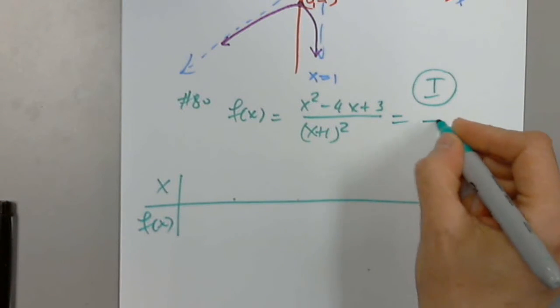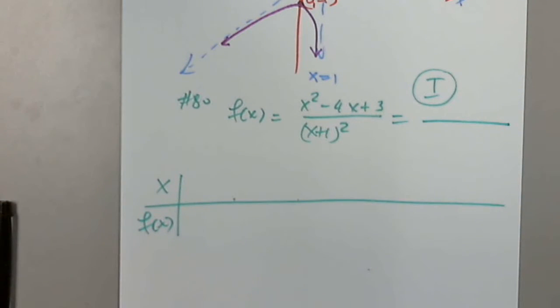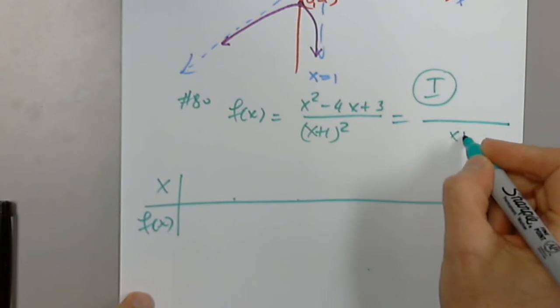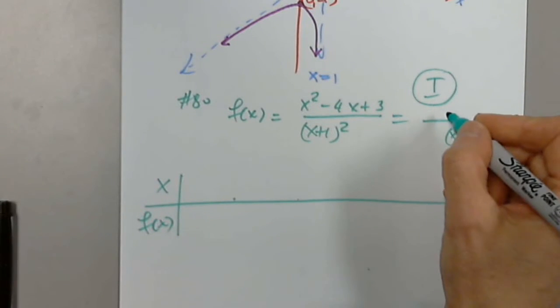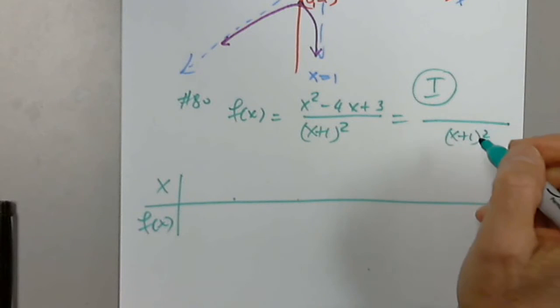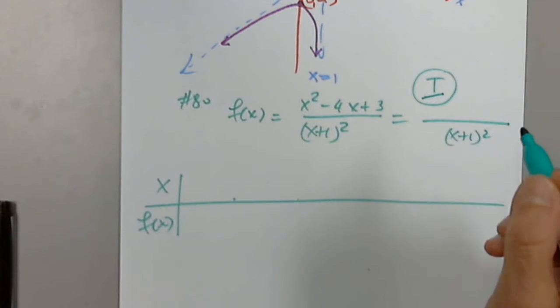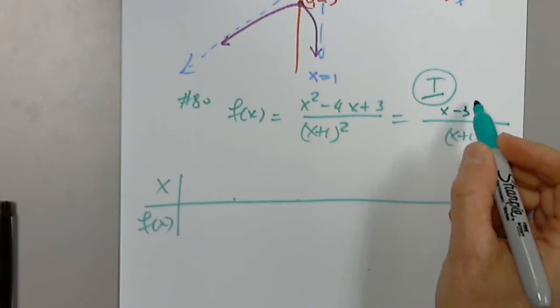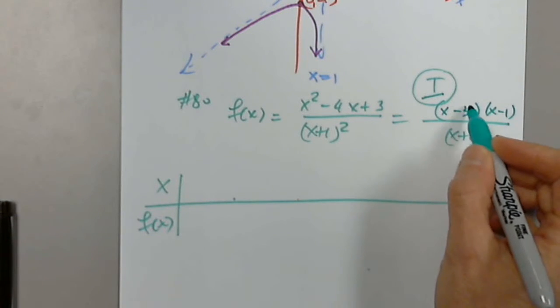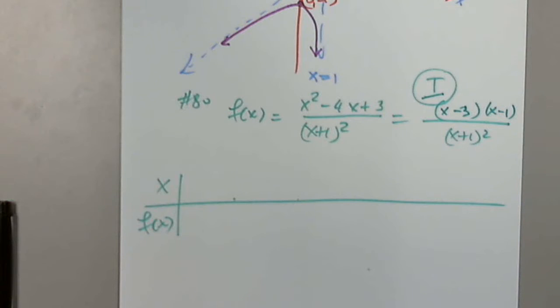Yes, but of course I need to factor the top. Can anyone give us the factor form for the top? Very good. Perfect. Thank you. So now I need to find what?